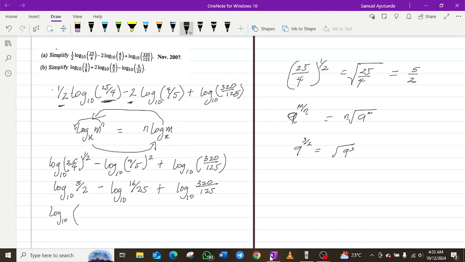Then in my brackets, for the first two, they are dividing each other. So we have 5 over 2 over 16 over 25, then times 320 over 125. So for subtraction, we divide. For addition, we multiply.